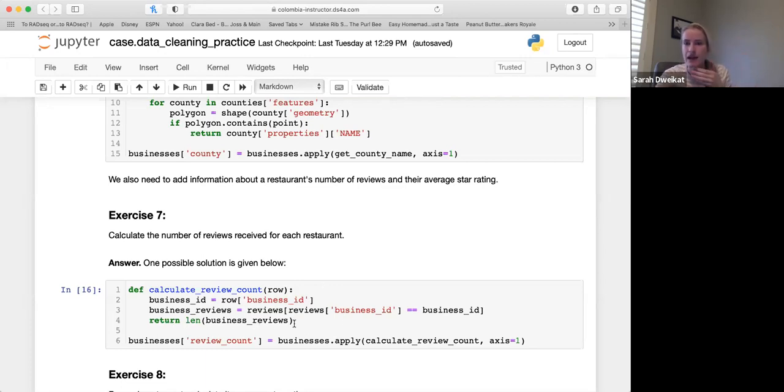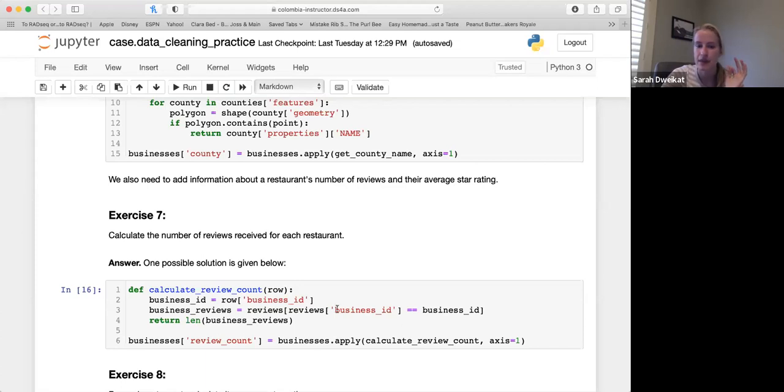Let's say the business ID is 123. If the next row the business ID is also 123, and the next row it's the same business ID 123, if those are equal, we're going to return the length of them. That's how we're going to get our count.